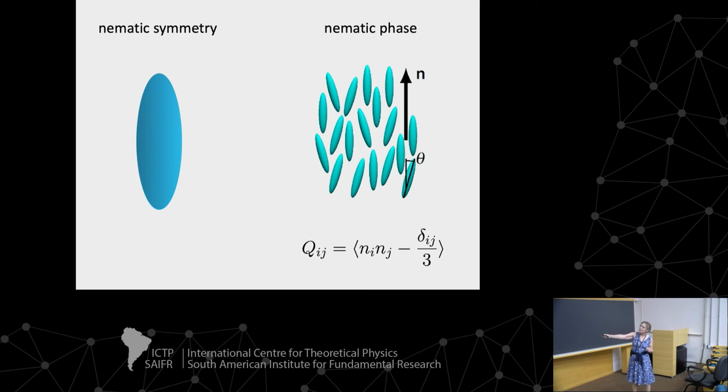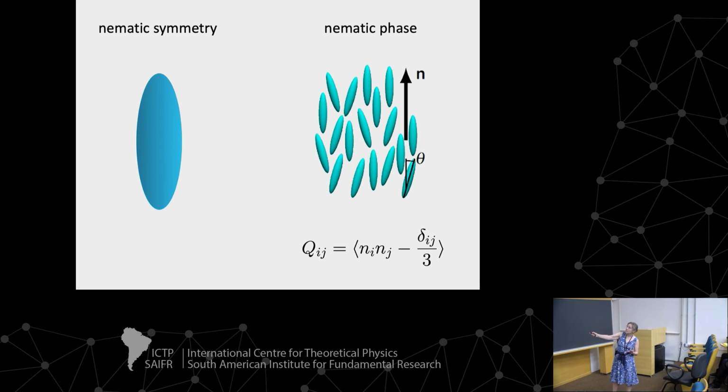Another one is this thing, which is called the Q tensor. It's a tensor which is 3 by 3 in 3 dimensions and 2 by 2 in 2 dimensions. It's a symmetric traceless tensor, and that tells me a bit more. Its largest eigenvector tells me the direction of these molecules, and its largest eigenvalue tells me how aligned they are.